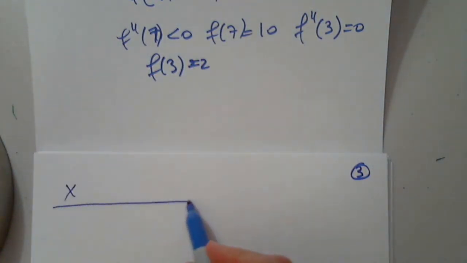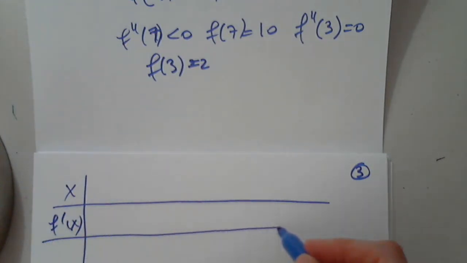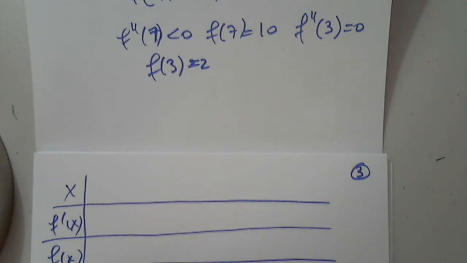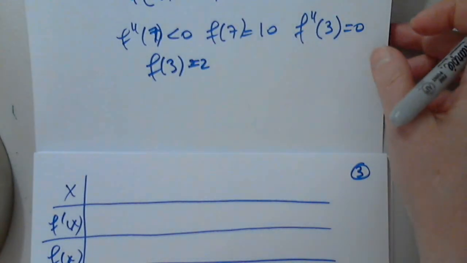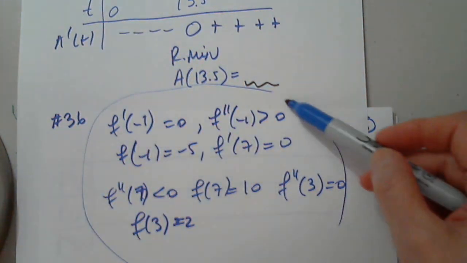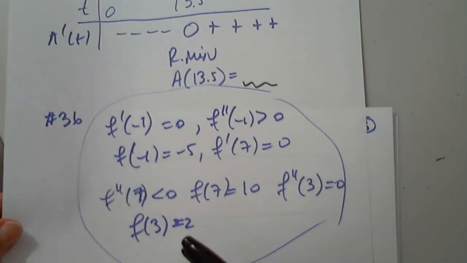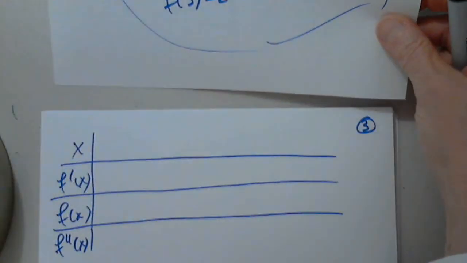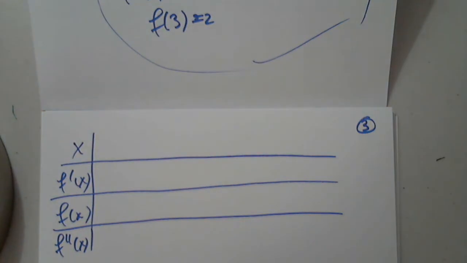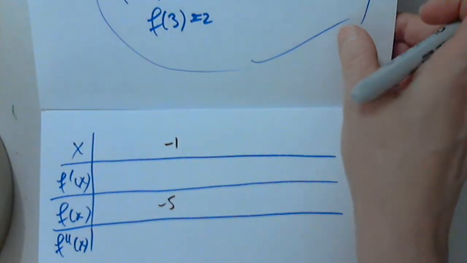So we have x, we have f prime of x, we have f of x, and we have the second derivative. Okay, again, this is gibberish for me. If I don't put it organized in a table, it doesn't mean anything. I can't follow this. I cannot even explain what it is. Okay, so I will start with f of -1, which is -5.